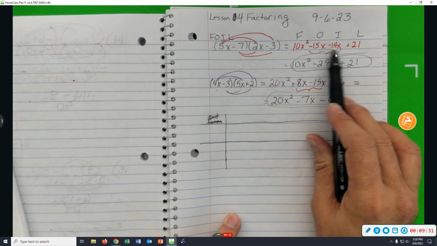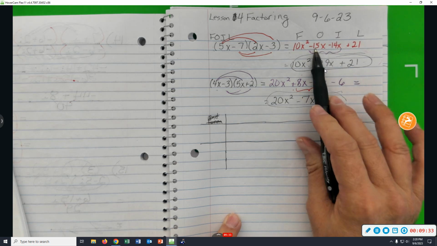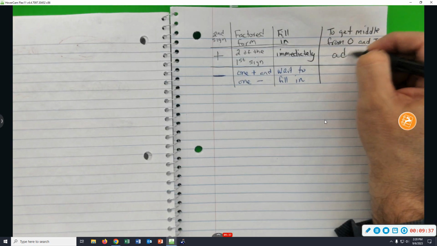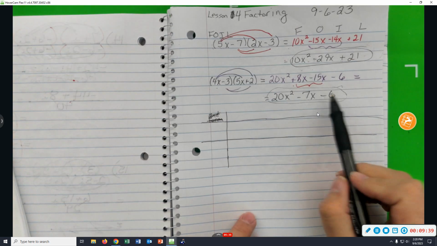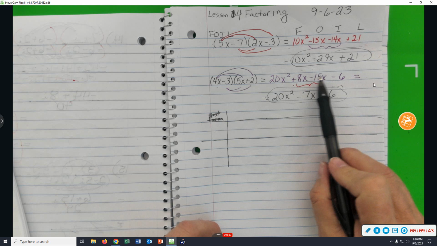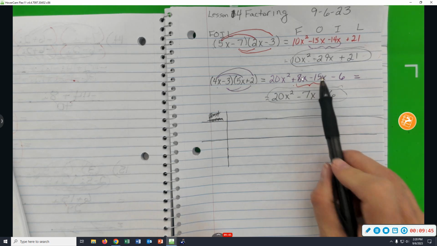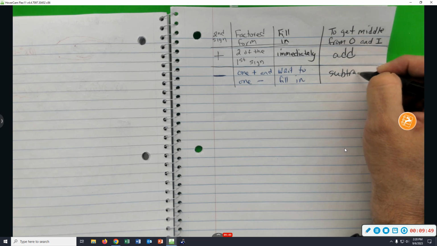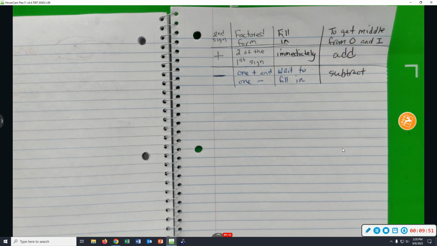Did we add them or subtract them to get a 29? You add them. If that second sign had been minus 8 and 15, we don't add them together. What do we do? Subtract.